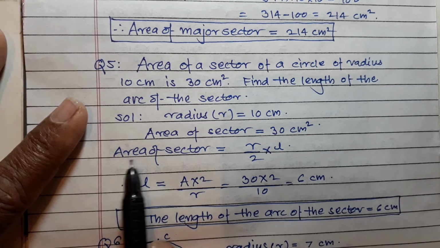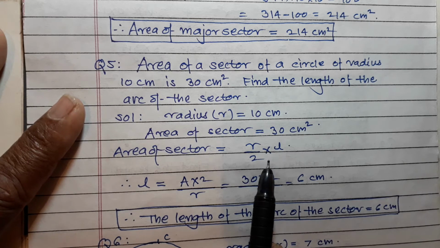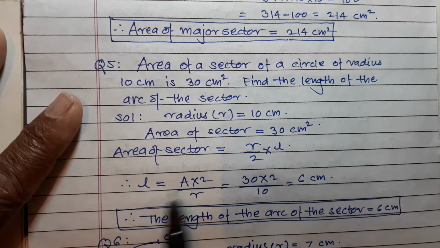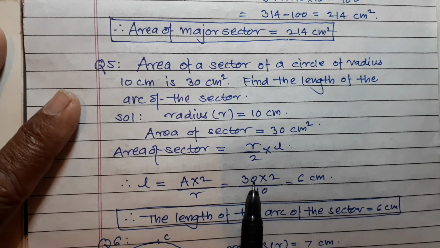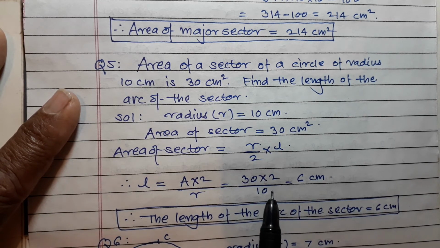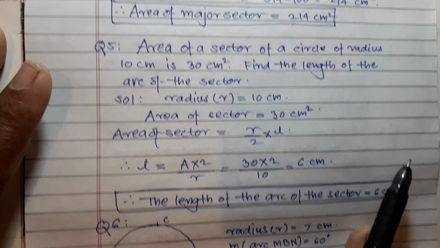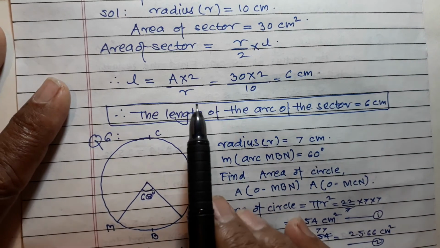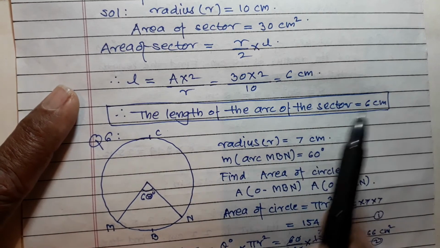So you know area of sector is equal to r into l upon 2, and therefore l is equal to A into 2 upon r, which is 30 into 2 upon 10, so is equal to 6 centimeter, and hence length of an arc is equal to 6 centimeter.